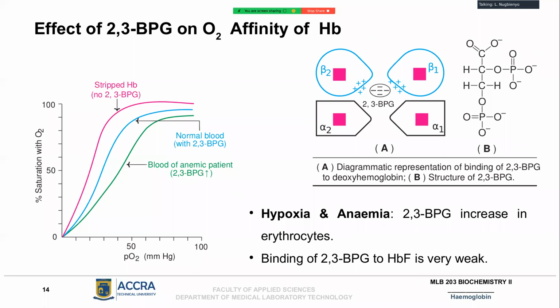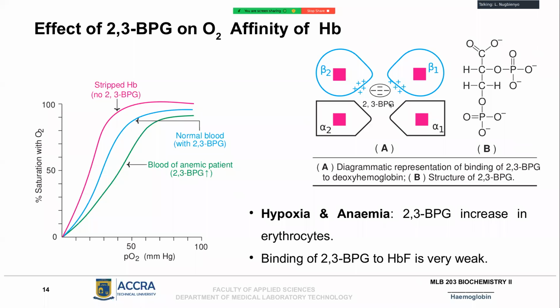And the relaxed form means what? It is oxyhemoglobin, meaning that it is bound to oxygen. Now, in this case, when you have 2,3-biphosphoglycerate binding to hemoglobin and making it look as if the molecule is oxy, but in actual fact, it is deoxy.